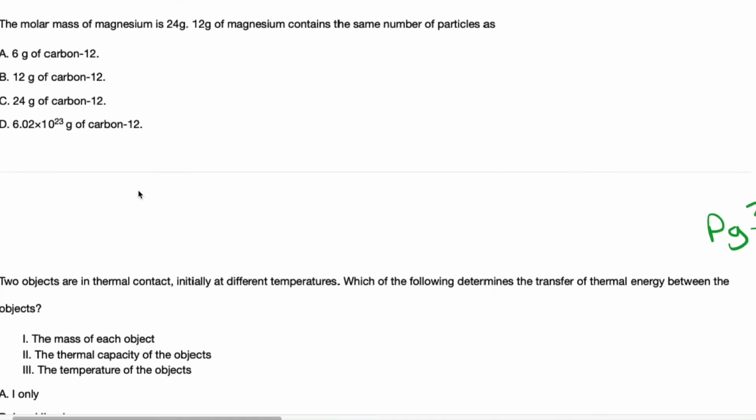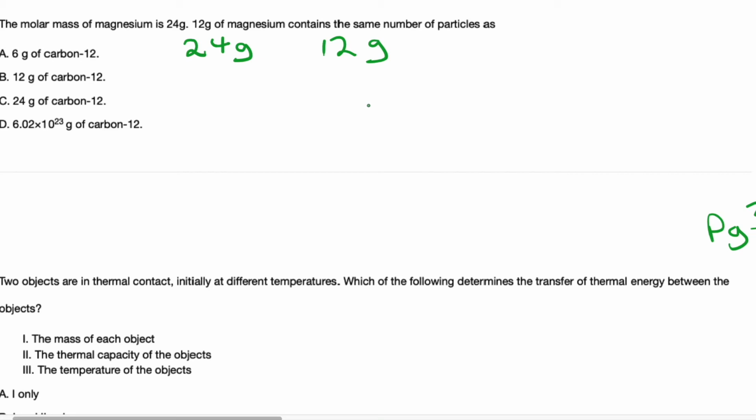The molar mass of magnesium is 24 grams per mole. 12 grams of magnesium contain the same number of particles of... So the molar mass of magnesium is 24 grams per mole, and now we only have 12 grams, which is divided by 2, so it's a half, right?